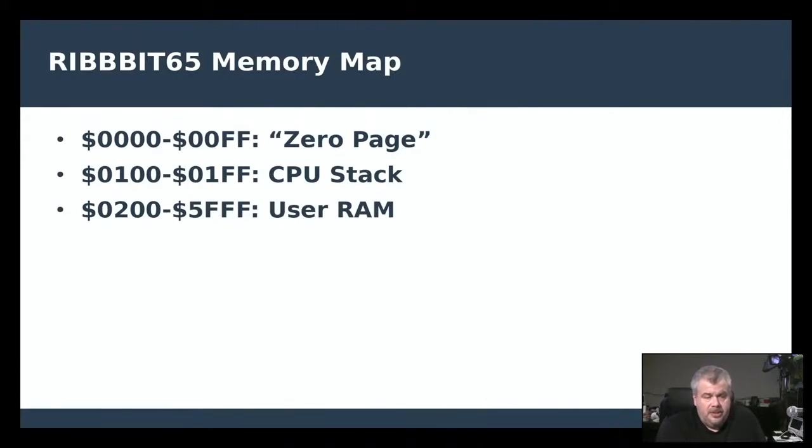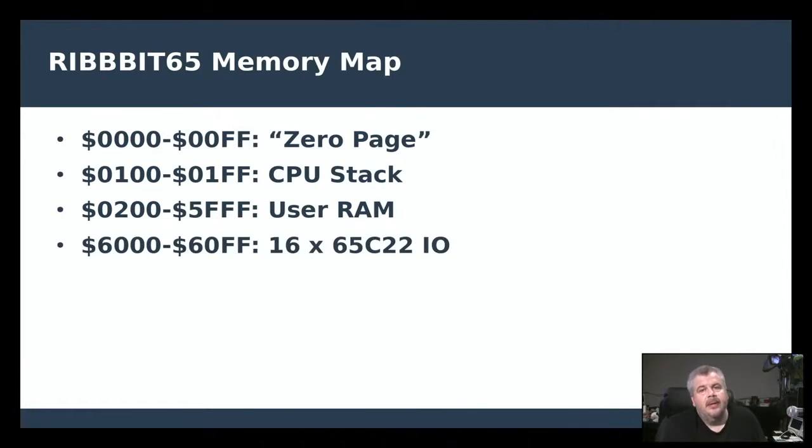From hex 0200 to hex 5FFF is user RAM, and that is the space in the 32K, so that's 24K in a 32K chip. And that's where Ben Eater's design takes over.